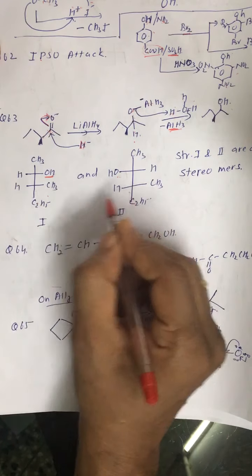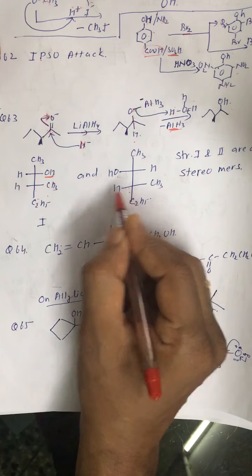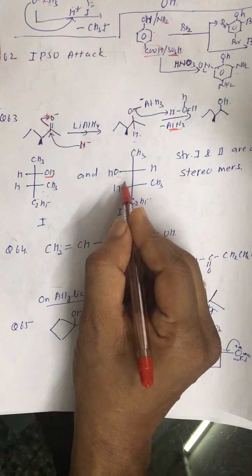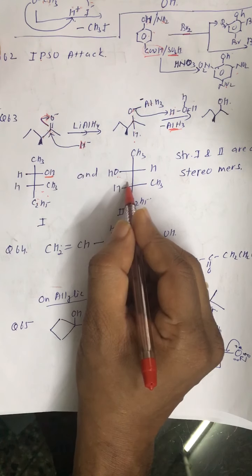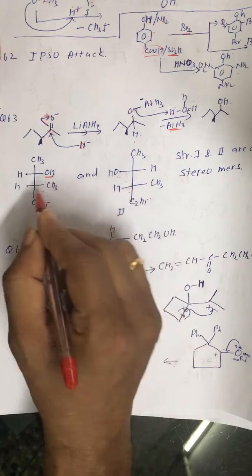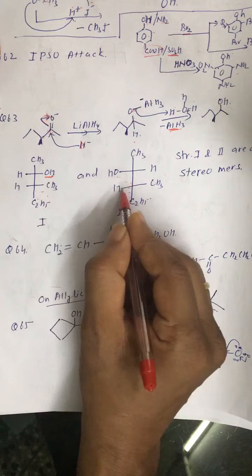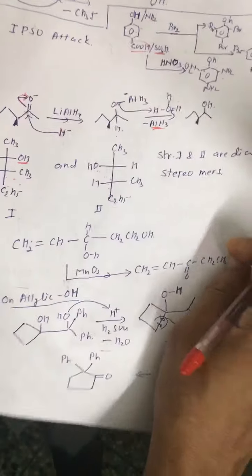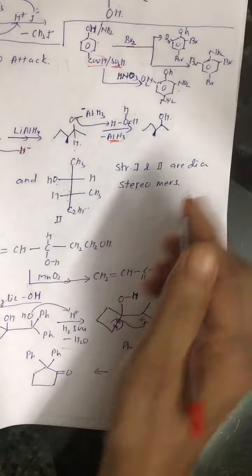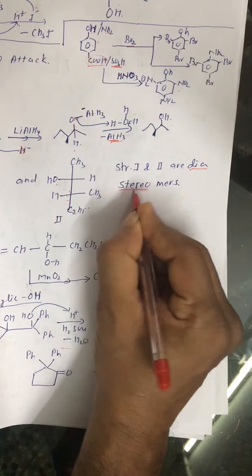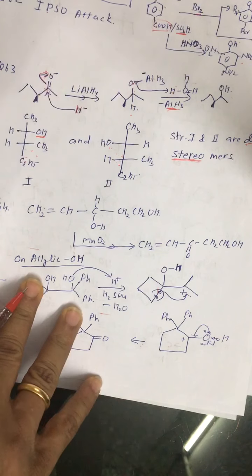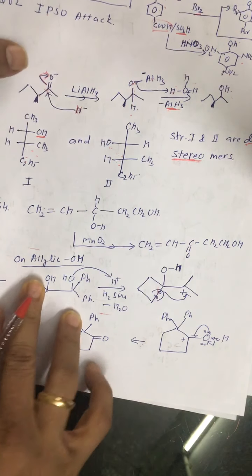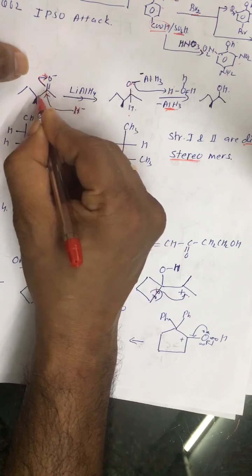And now if you look at these two structures, these two are not mirror images, but they are isomers. Such optical isomers which are not mirror images are called diastereomers. All right. So this is it. You got my point, I suppose.